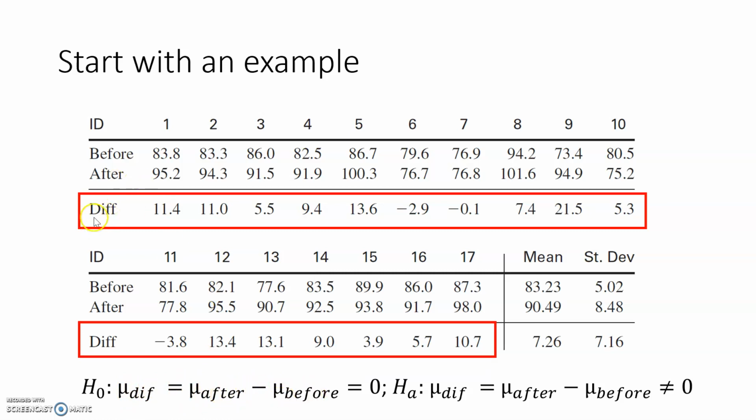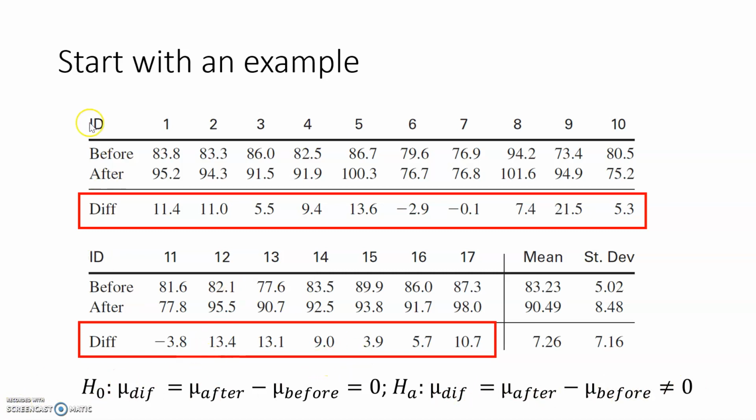Okay, so we want to calculate these difference scores for all individuals, and our null hypothesis is that there is no effect of our stats class, so we expect that the mean of the difference for the 17 people will be 0. There is no effect. And the research hypothesis or the alternative hypothesis is that, of course, the mean for these difference scores is not equal to 0.